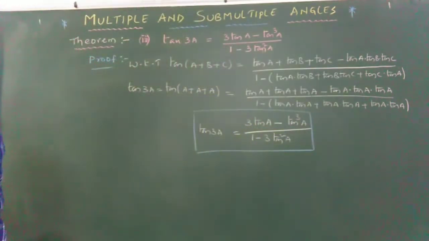And tan 3A is equals to 3 tan A minus tan cube A by 1 minus 3 tan square A.